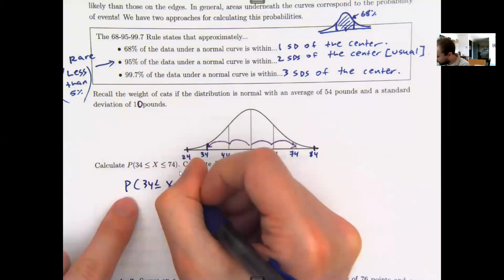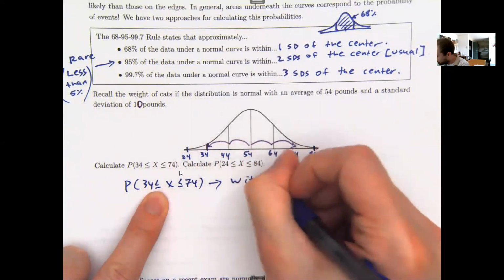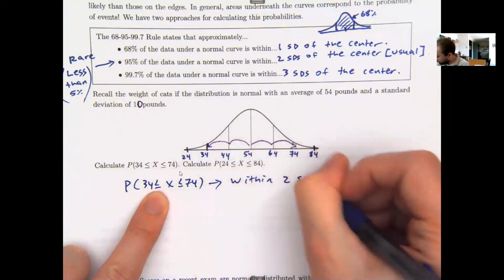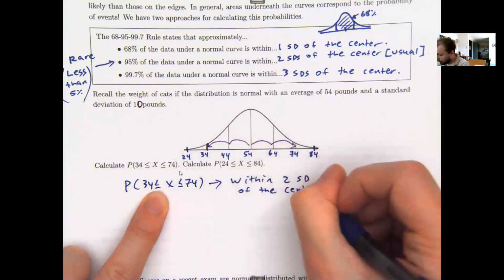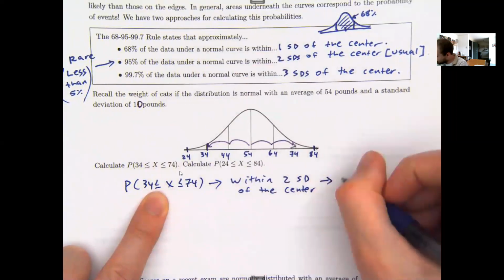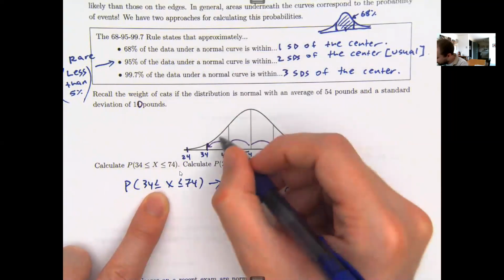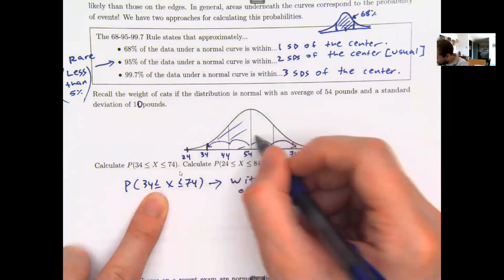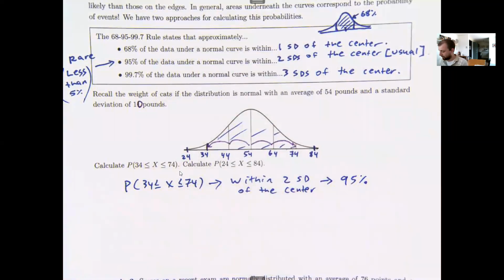So 34 to 74 is within 2 standard deviations of the center. Matching that with the rule above, this is 95% of the data. So I should have about 95% sitting there between 34 and 74.